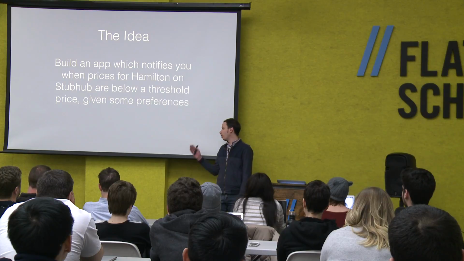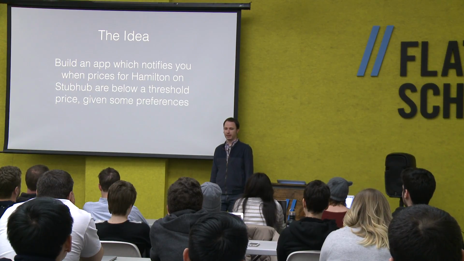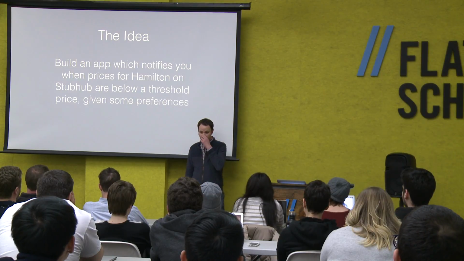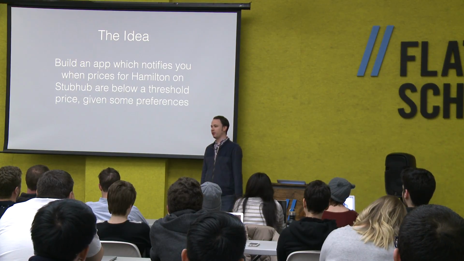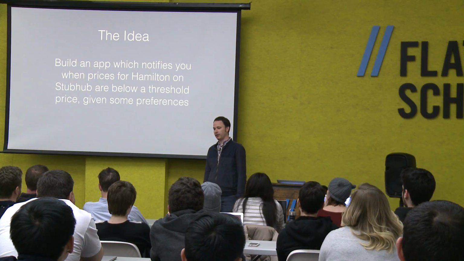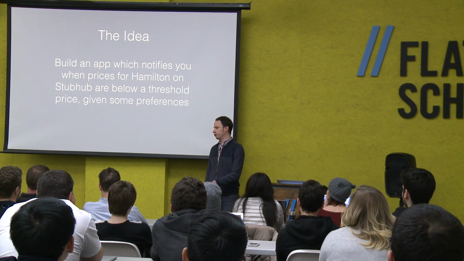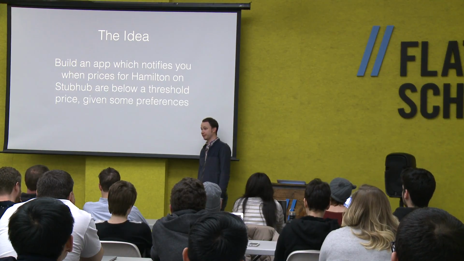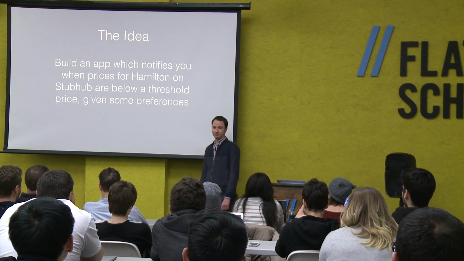And then eventually all the tickets pop up on a secondary market like StubHub for heavily inflated prices. But the thing is, a lot of those people are scalpers and have no intentions of going to the show. So what do you do when you have tickets and showtime's in a couple hours and you haven't sold your tickets? You might start panicking, right?